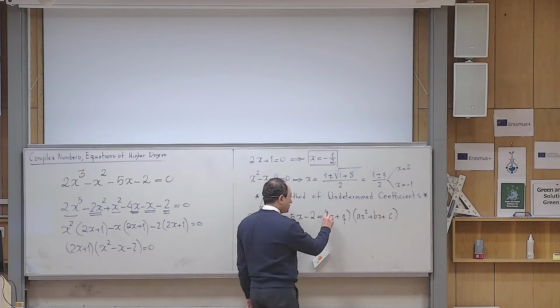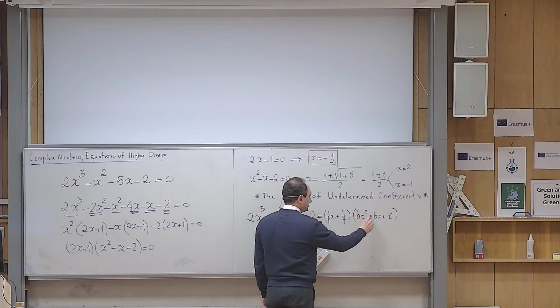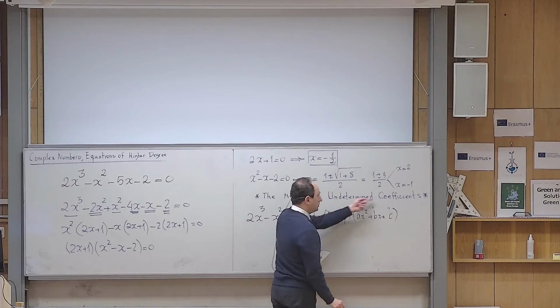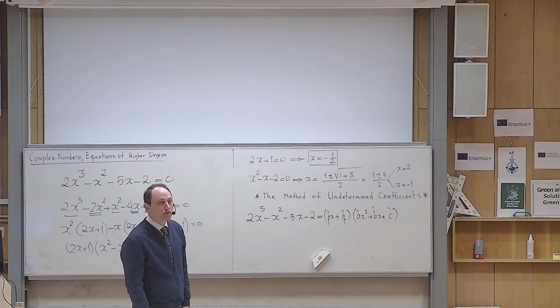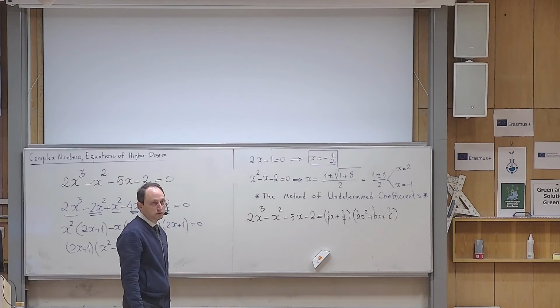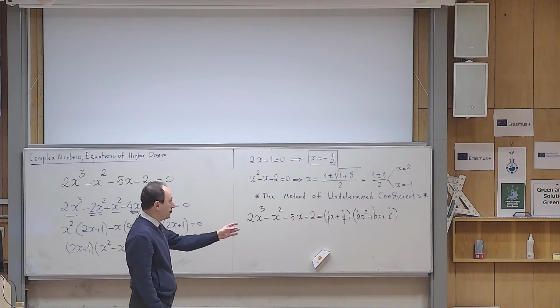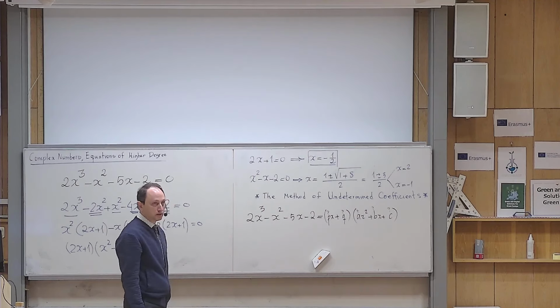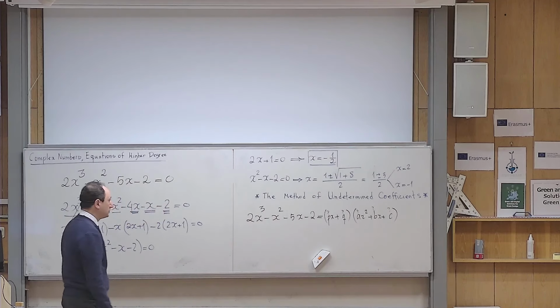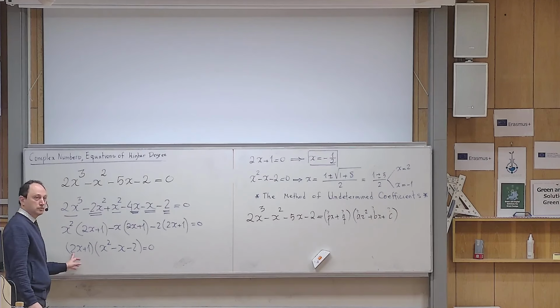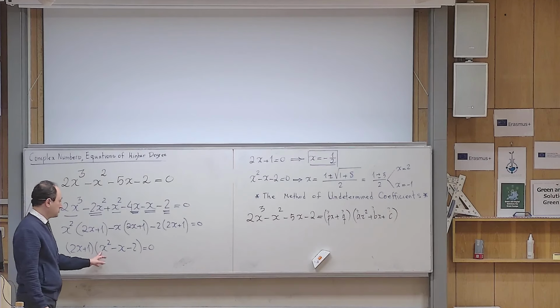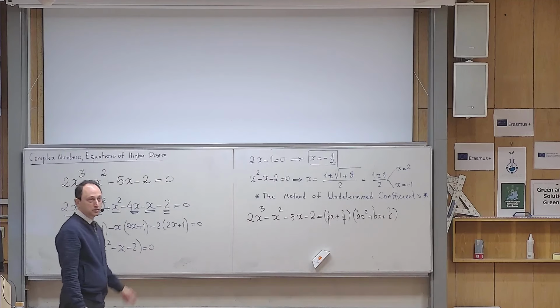It means that these coefficients I don't know. Undetermined coefficients. So I need to find out what these coefficients are. If I find P, Q, A, B, and C, then I am done. But of course, you already know P, Q, A, B, and C from my method. P is 2, Q is 1, A is 1, B is minus 1, C is minus 2.